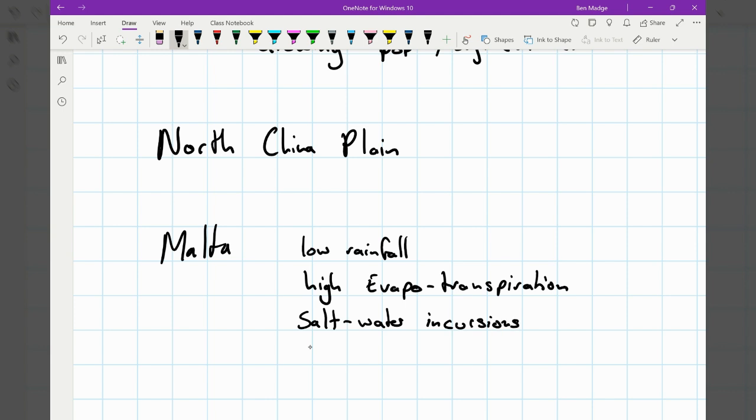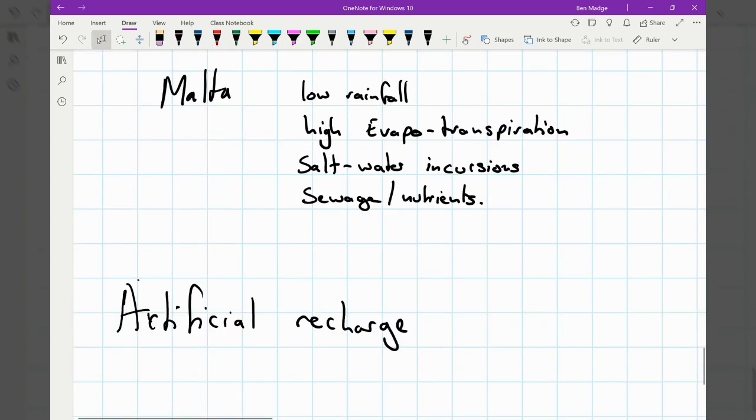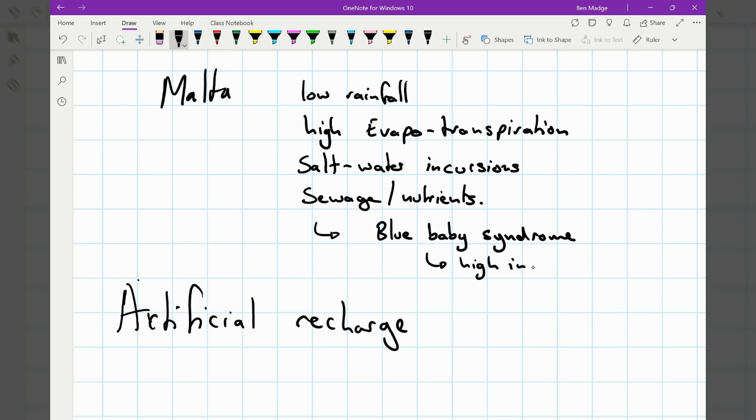And also things like sewage and nutrients, which are another major issue for aquifers. So sewage and nutrients can cause things like blue baby syndrome, and you have water that is high in nitrates, typically from agriculture.